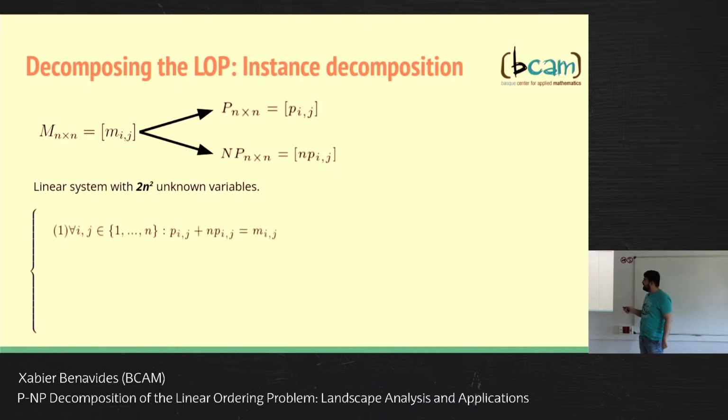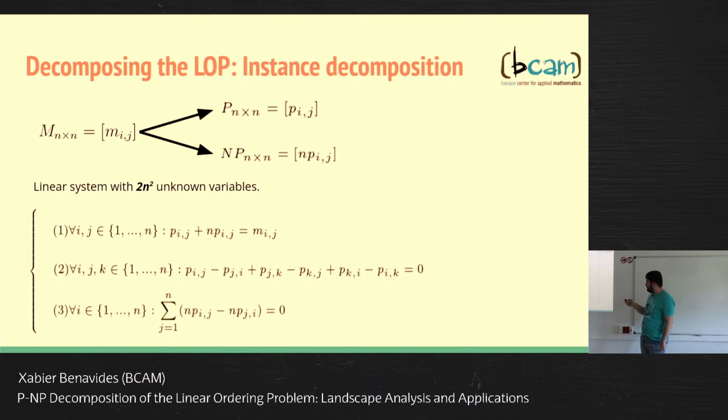First, equations that are needed to ensure that the sum of P and NP is the original matrix M. Then the equations that are needed to ensure that the P matrix represents the P component of the Fourier transform. And finally, the equations that are needed to ensure that the NP matrix represents the NP component of the Fourier transform, okay?